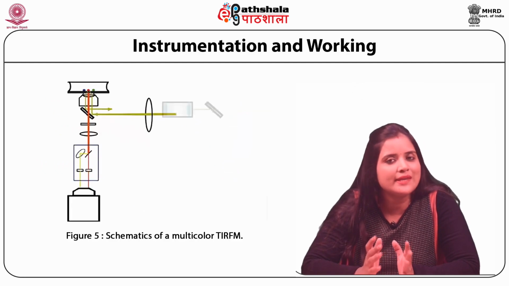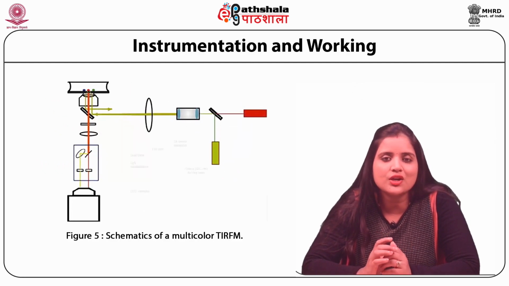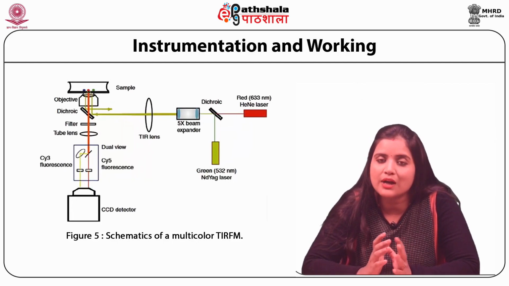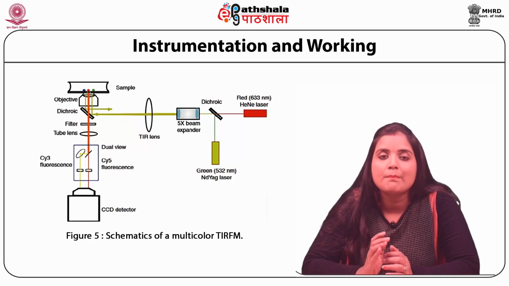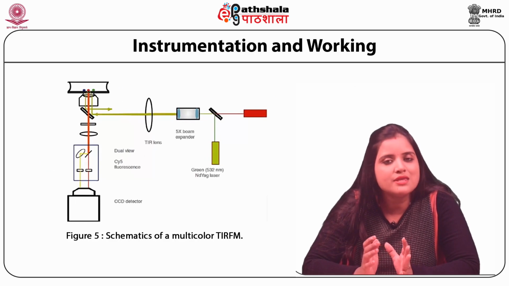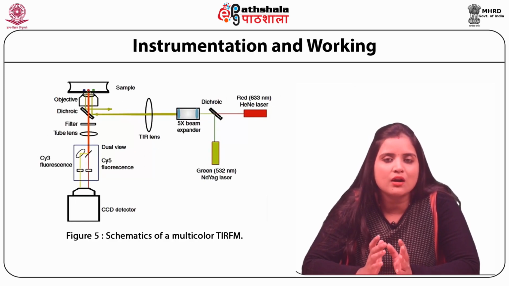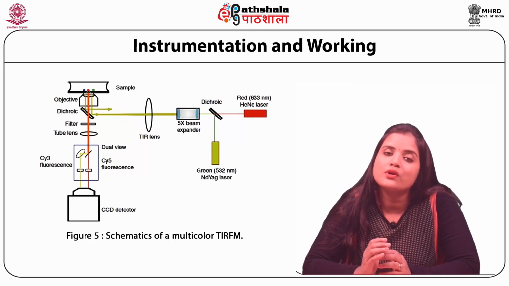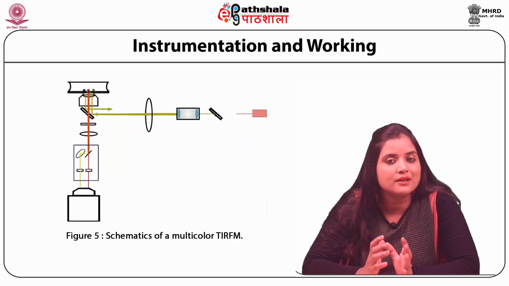Firstly, two laser beams are adjusted to the microscope port height by employing periscopes. These laser beams are then combined via a dichroic mirror which is located on a kinematic mount.